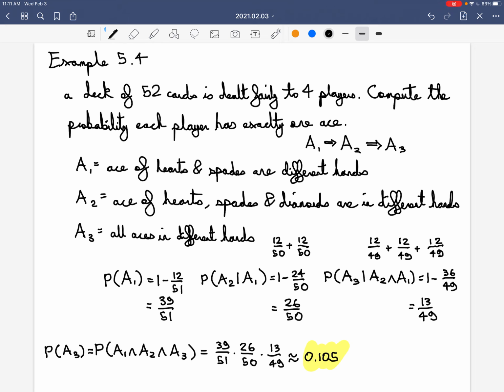And then we'll compute the probability that the ace of hearts, ace of spades, and ace of diamonds are in different hands, given that the ace of hearts and ace of spades are in different hands.